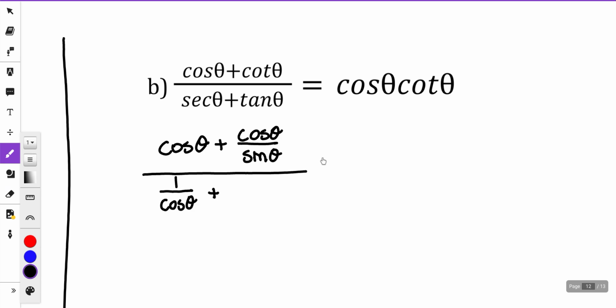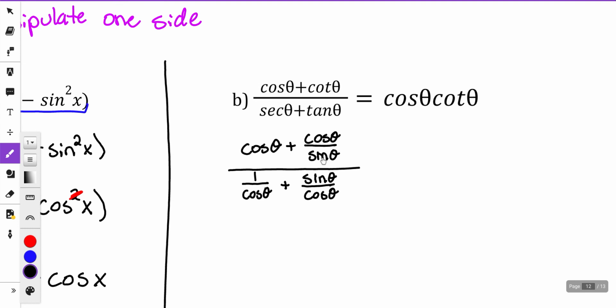Plus tangent of theta, that is sine over cos. So step 1, sine and cos. Perfect. Step 2.